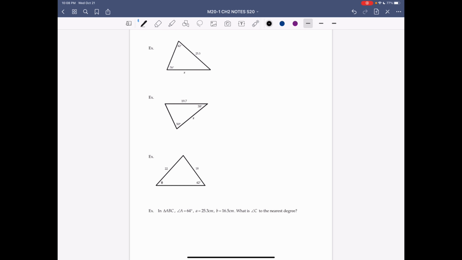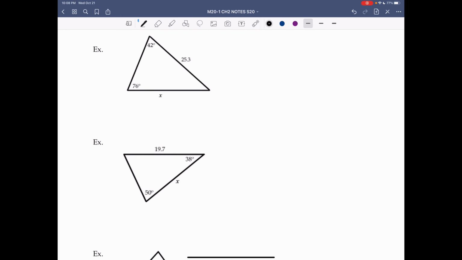Next example, we want to look for our angle side pair. And then we should have another half pair. And we're trying to find the other half of that pair. We set up our sine law. You can have the angles on top or the sides on top. It doesn't matter. Maybe I'll do the sides on top since I had the angles on top last time.